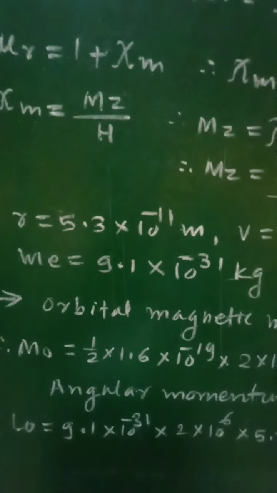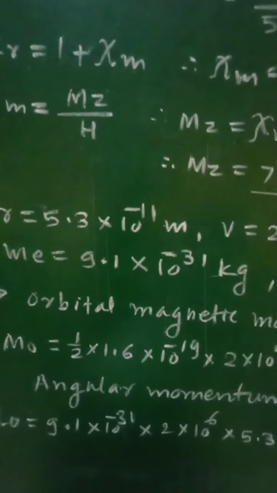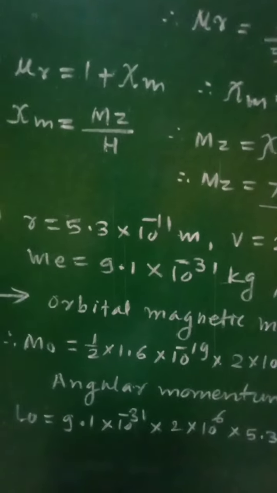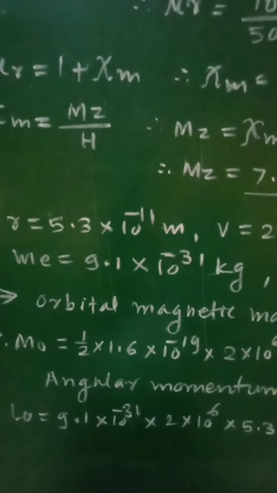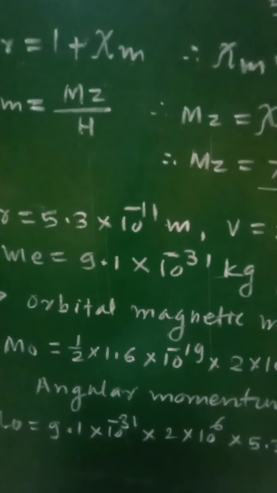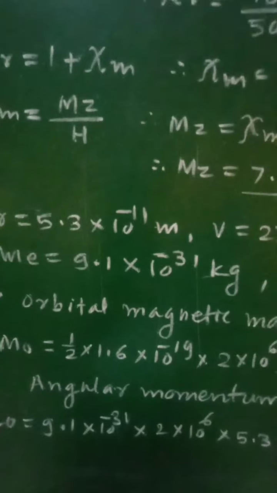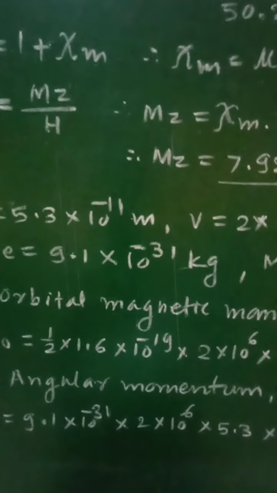Find the resultant orbital magnetic moment and angular momentum of electron if charge on electron e is equal to 1.6 into 10 raised to minus 19 coulomb and mass of the electron m is equal to 9.1 into 10 raised to minus 31 kilogram.